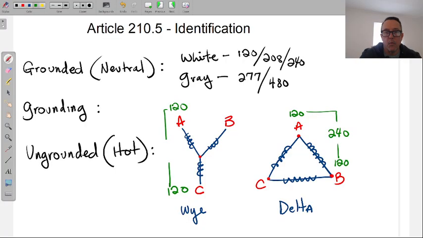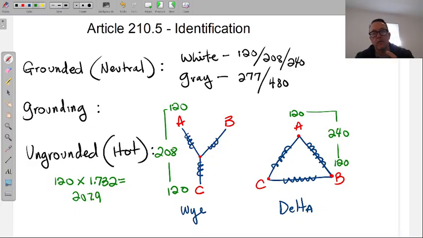It actually has to get worked out through a number that you may have heard while you were having this conversation, which is the square root of 3, or 1.732. And if you multiply this, it'll come up to 207.9, or what we call 208 volts. It is just the way the transformer is designed.